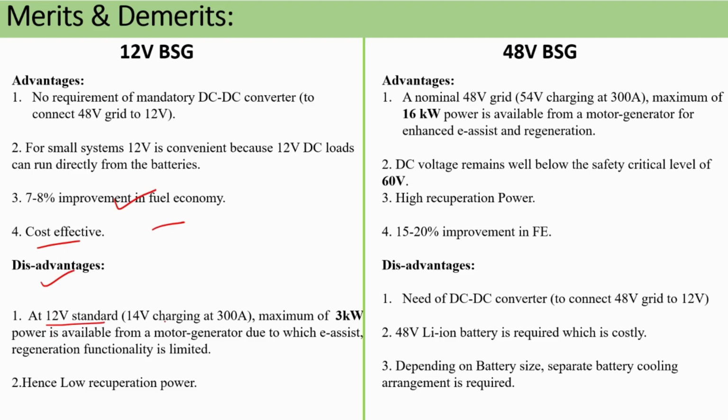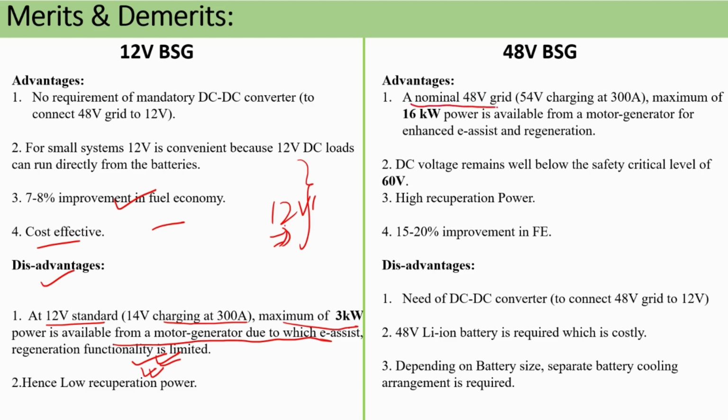Disadvantage: at the 12 volt standard, with 14 volt charging at 300, a maximum of 3 kilowatt power is available from the motor generator, due to which e-assist and regeneration function is limited and hence low recuperation power. I have already told you, if you have low, then all other things would be low only.